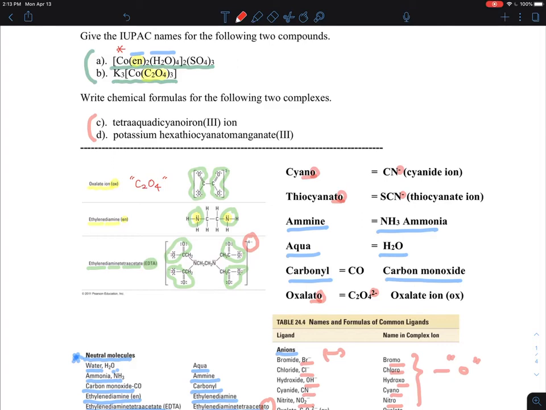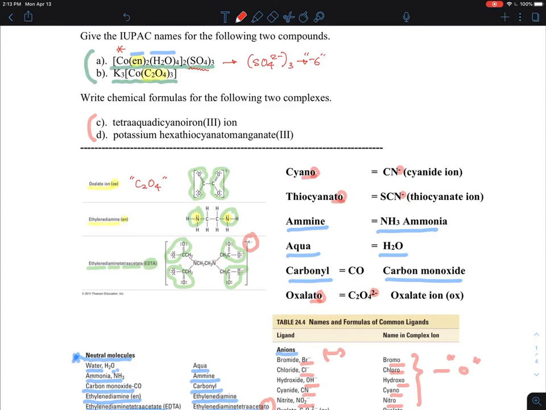And then you need to look for the nature of these charges, right? SO4 is actually 2 minus. So this is a sulfate with 2 minus charges, there are 3 of them, so this will give you -6 charges.